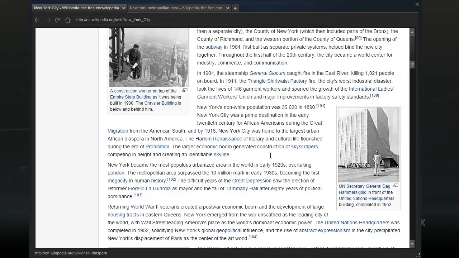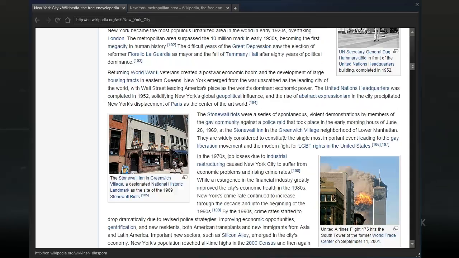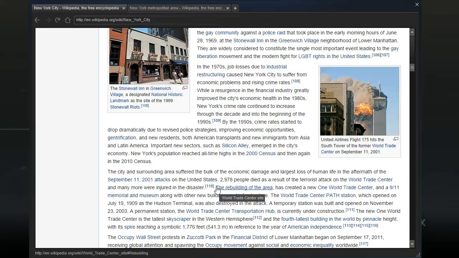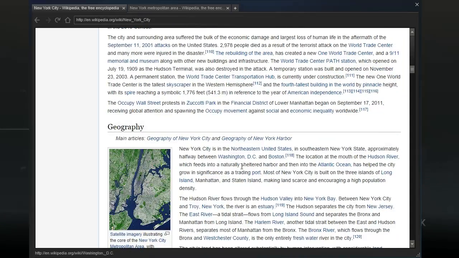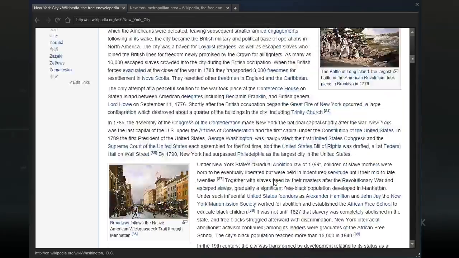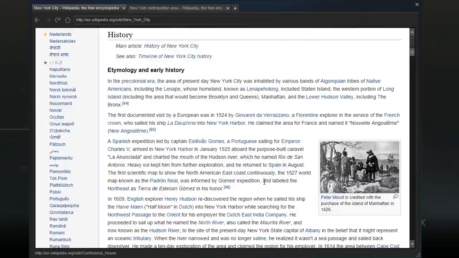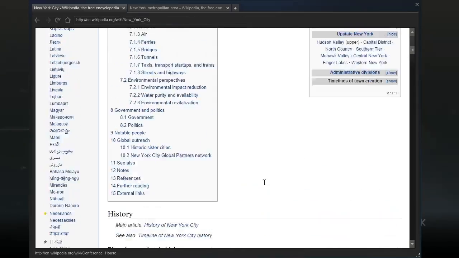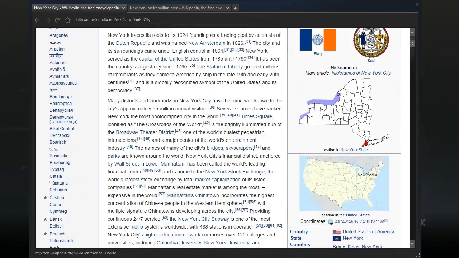So that's the history of old New York, and I think we can end there. Although if you want, it's quite interesting to read the recent history as well. But I just want to point out that the city of New York is commonly considered the most important city in the entire world, culturally, financially.